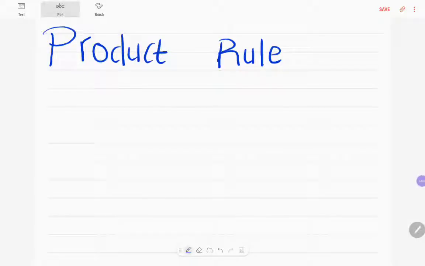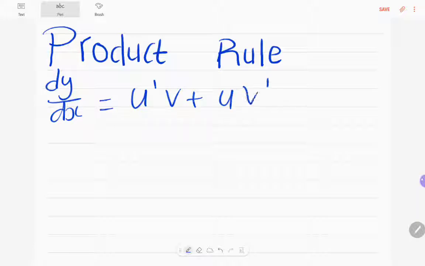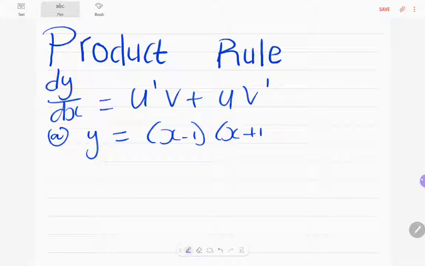So today we are going to talk about the product rule. The product rule is the general equation dy over dx is equal to u derivative v plus u v derivative. A product is a multiplication of two variables. For example, if we have x minus 1 times x plus 1, we have a multiplication.